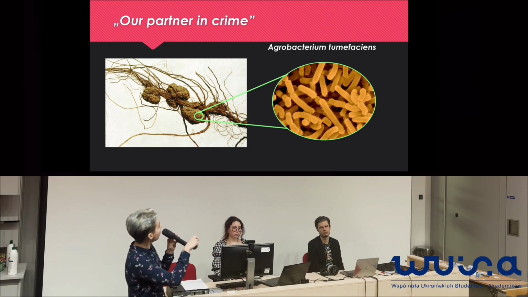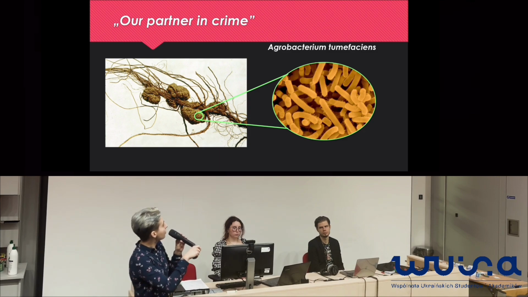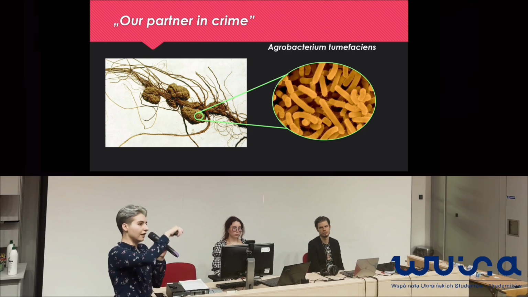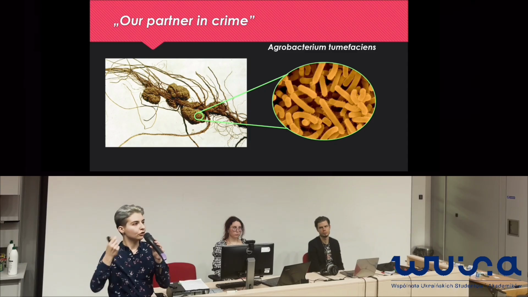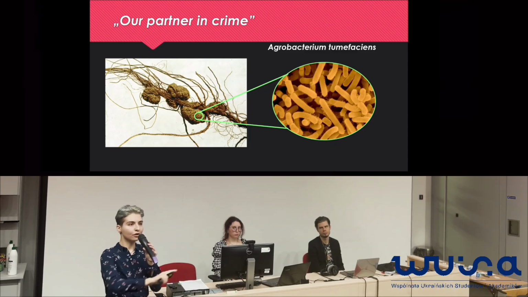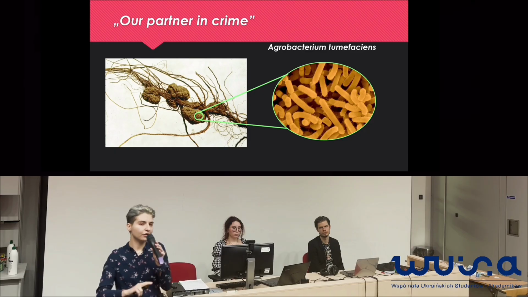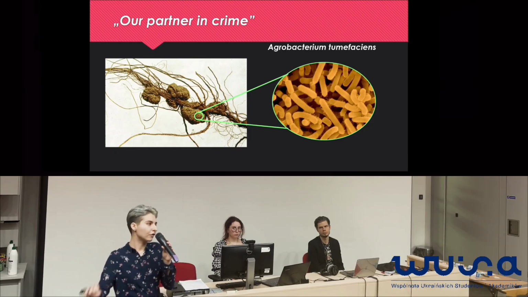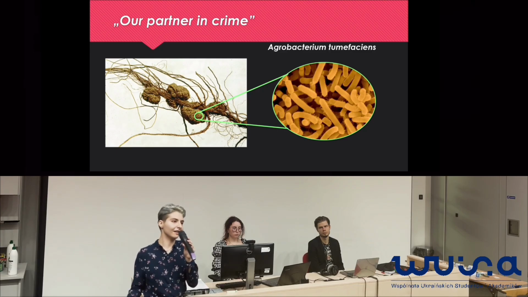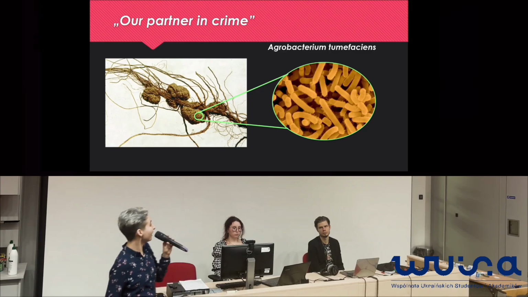So when a plant is injured, Agrobacterium enters it and gives this gene, this recipe for a tumor, to the plant. And the plant does all the work for the bacteria. The bacteria doesn't have to spend any energy later. The plant just makes a home for it, makes food for it. It's very nice for the bacteria anyway.